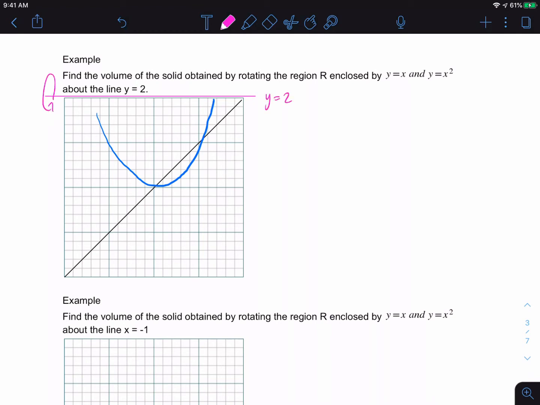That is going to need my axis of rotation. So, what kind of slice do I have? Is it vertical or horizontal?